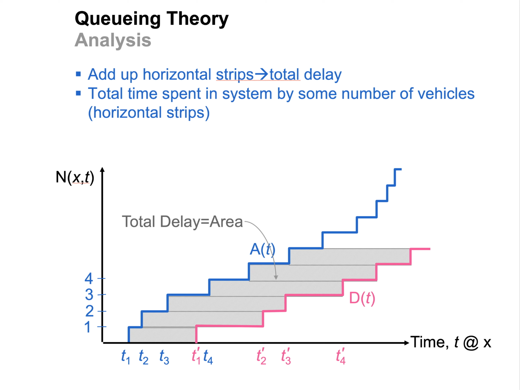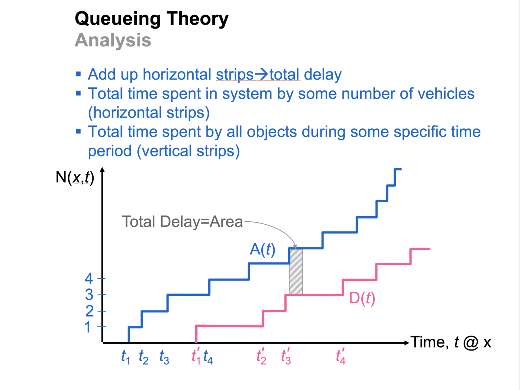So what we can really do to determine the total delay occurring in the system for a particular number of customers is take the integral of the area between the two curves. Or in this case, we're just adding up those rectangles. So as we'll see when we do some examples later, we'll use the area between the curves to calculate the total delay, and that's one of our important parameters that we're interested in.